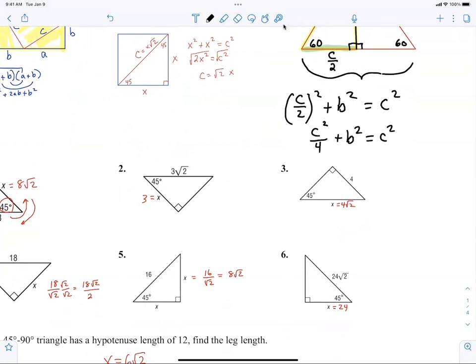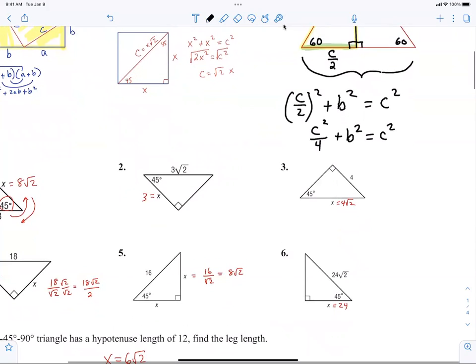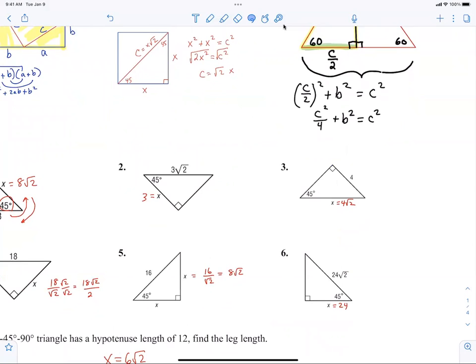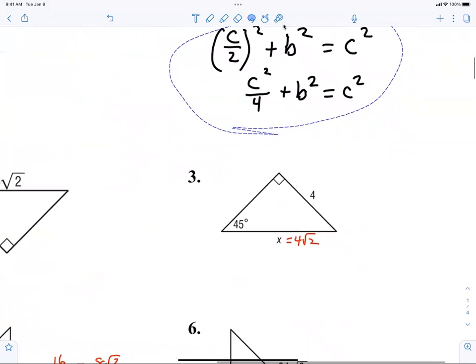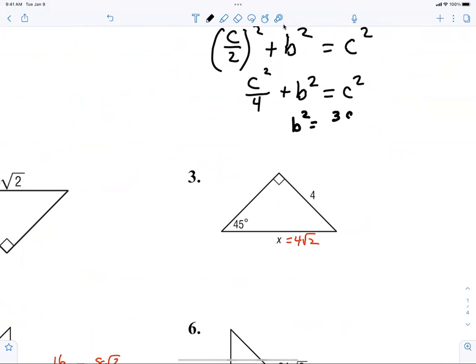All right, now here's where for some strange reason, kids give me a hard time about not knowing this. I want everybody to understand that B squared is equal to 3C squared over 4, or 3/4 C squared. When you think you know how I got that, tell me.